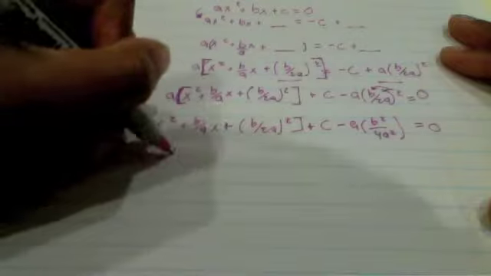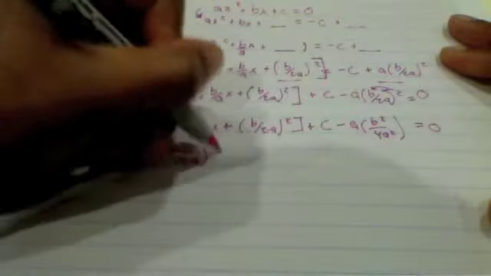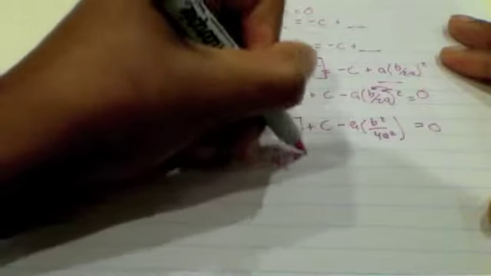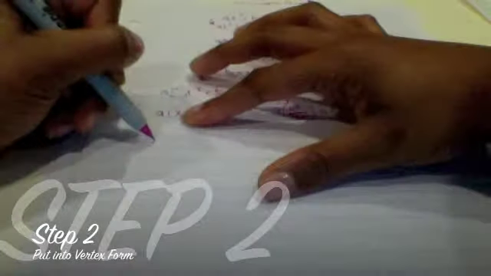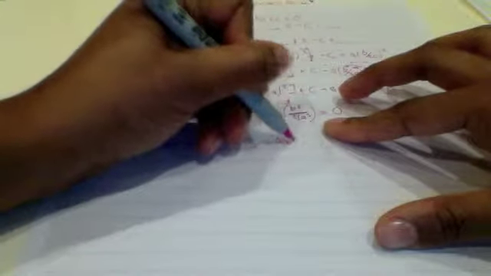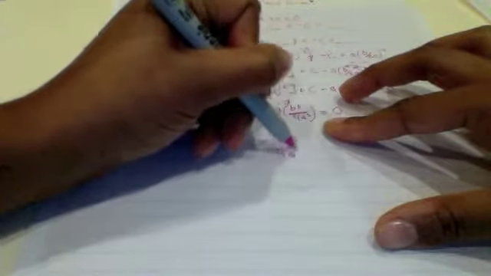So at this point, we can call it a times the quantity of x plus b over 2a squared, plus c minus a times the quantity of b squared over 4a squared. And now we're really kind of journeying towards the vertex form, and it becomes a times the quantity of x plus b over 2a squared plus c minus ab squared over 4a squared equals 0.